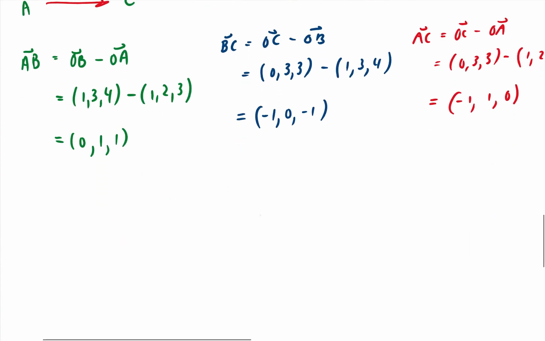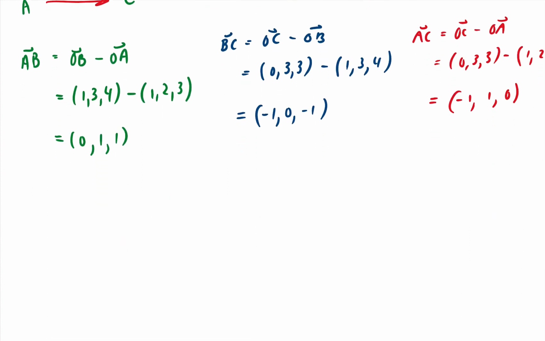Finally, let's show that all 3 vectors are equal in magnitude. The magnitude of vector AB is the square root of 0 squared plus 1 squared plus 1 squared, which equals the square root of 2.